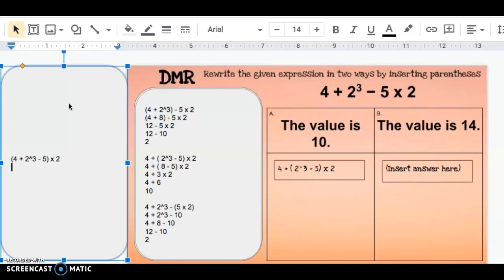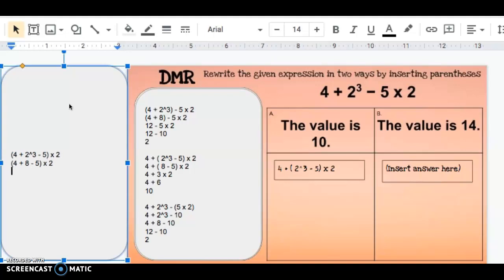Right now we're solving the inside of those parentheses. In parentheses, I have to do order of operations, PEMDAS. Exponents come first, so I've got to solve my exponents. 2 to the 3rd we know is 8. So I leave that 4 plus 8 minus 5, because I haven't touched that minus 5 or the times 2.